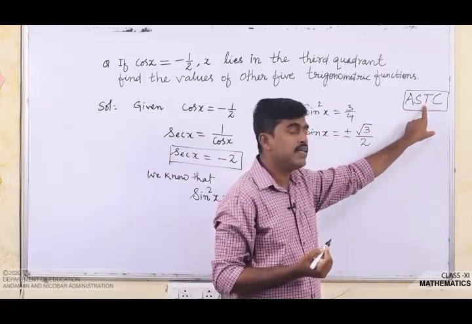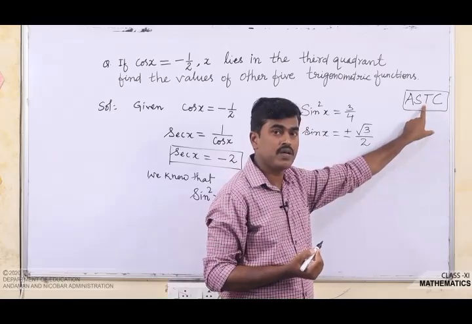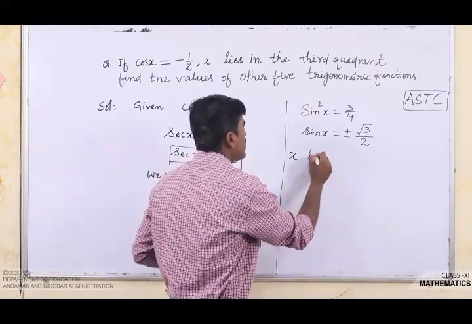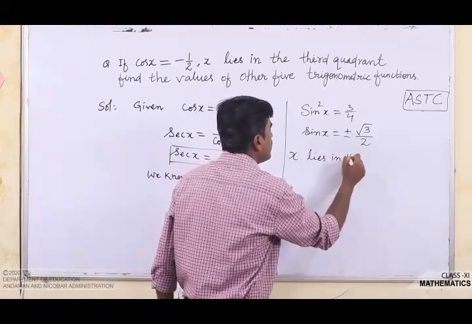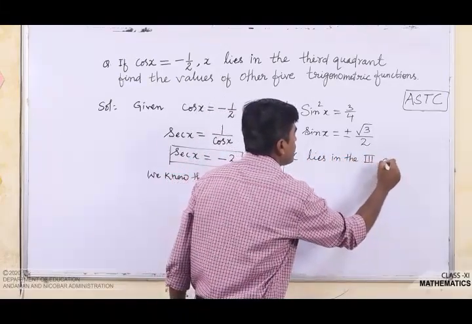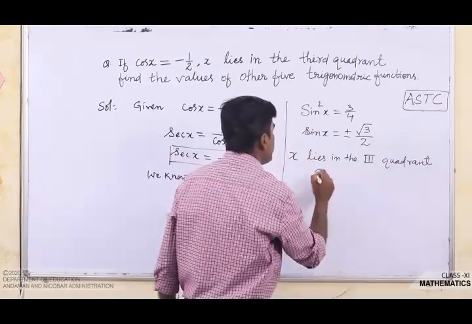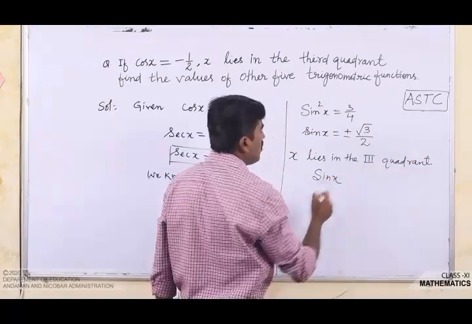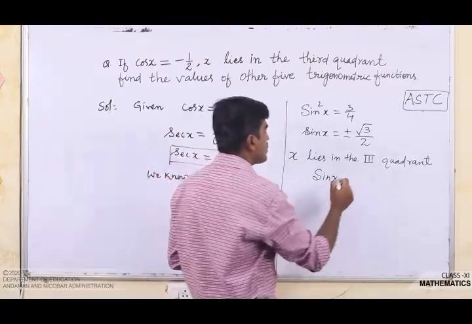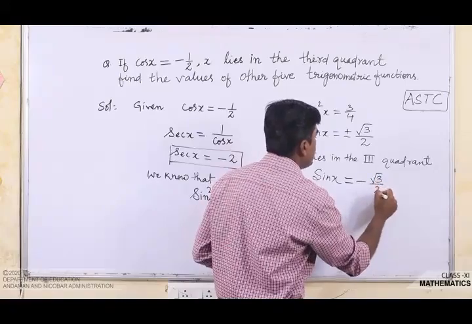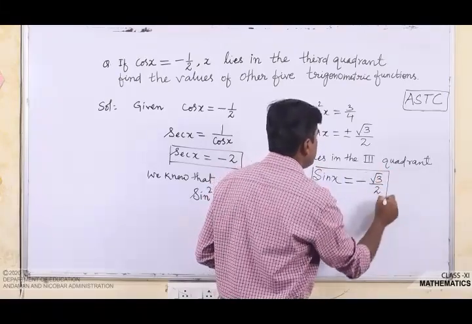In the third quadrant tan is positive and cot is also positive. So we have to take the negative value of sin x. Here sin x is negative. So sin x will be equal to minus root 3 upon 2.